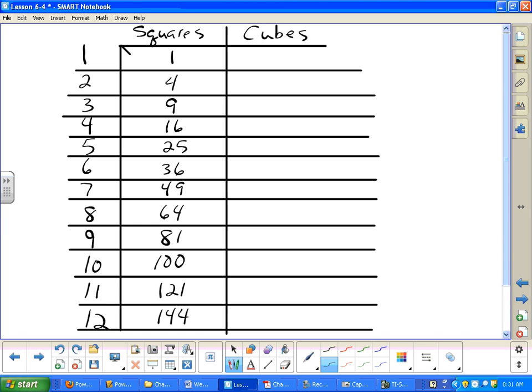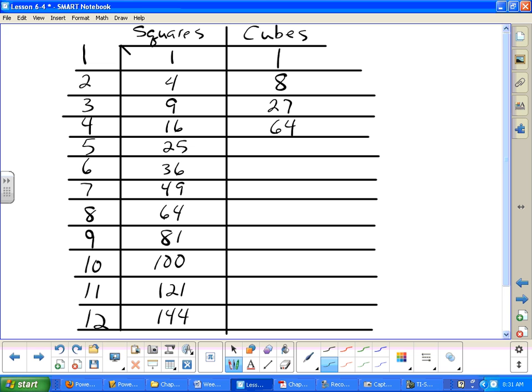So let's do the cubes. 1 cubed is 1. 2 cubed is 2 to the third power, 8. 3 cubed, 27. 4 cubed is 64.